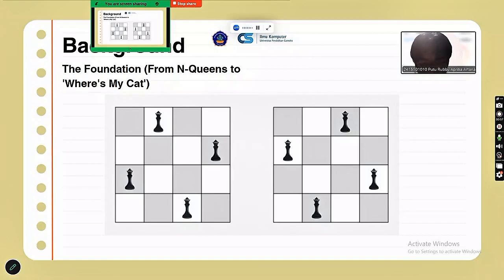In this problem, we have to put the maximum number of queens in an area of n times n. So if the area is 4 times 4, the maximum number of queens that we can put in this area is 4 queens.